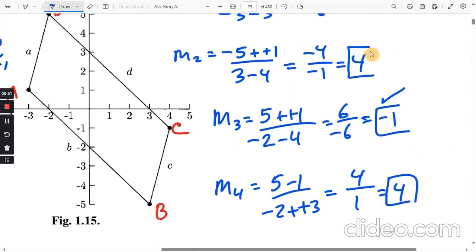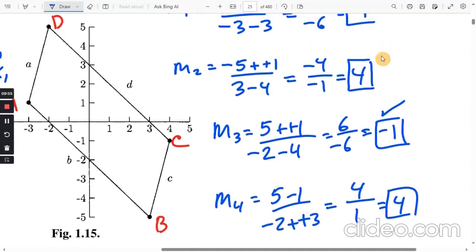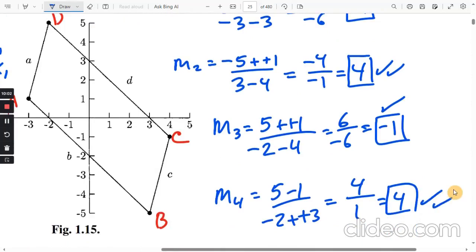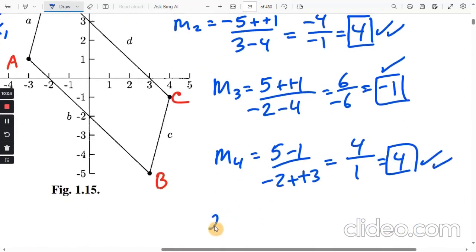Does that match? Yes. Okay, the negative 1s match. And the 4 and the 4 match. So we have two pairs of equal slopes.